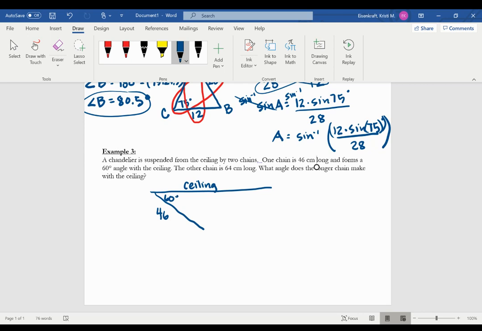The other chain is 64 centimeters long. What angle does it form? So this is also centimeters.